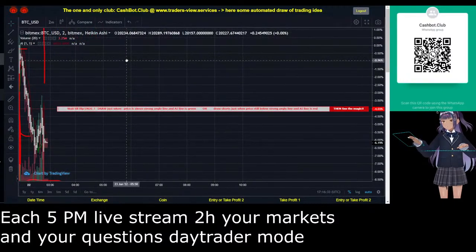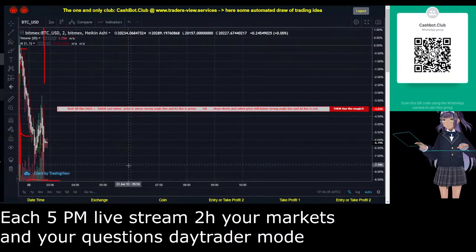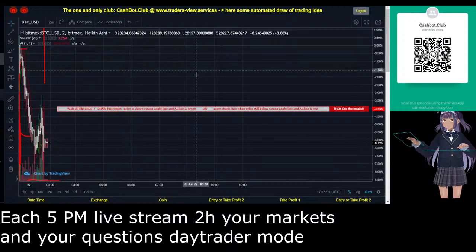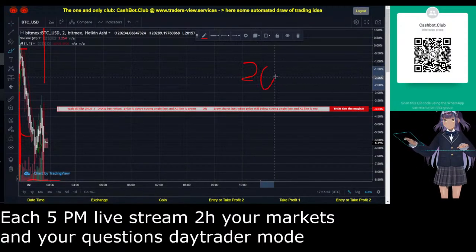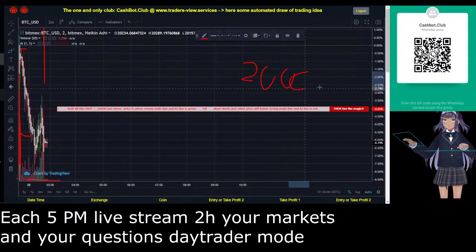We have from the up to the middle here 8%. So the second CUC is around 8%.